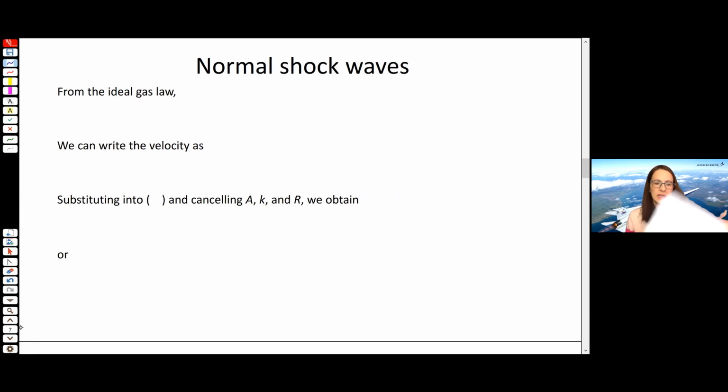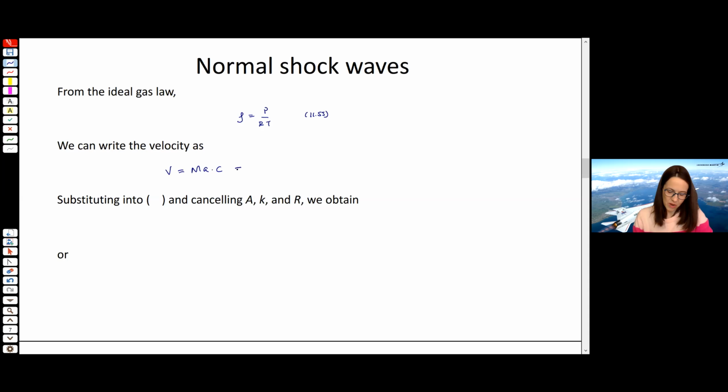All right, so from the ideal gas law, we know that rho is equal to P over RT. This is probably the equation that's rewritten and recopied most in our textbook, the ideal gas law. Now in this section, it's equation 11.55. So knowing this, we can just rewrite the velocity as, well, the fundamental definition of the Mach number is V over C, flow velocity over the speed of sound in that fluid, right?